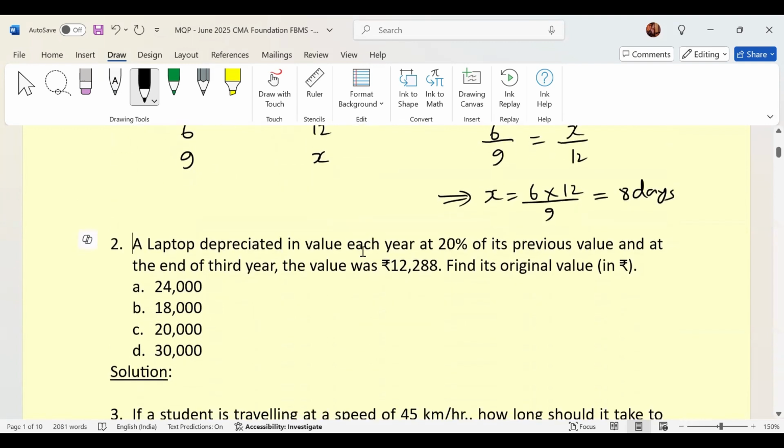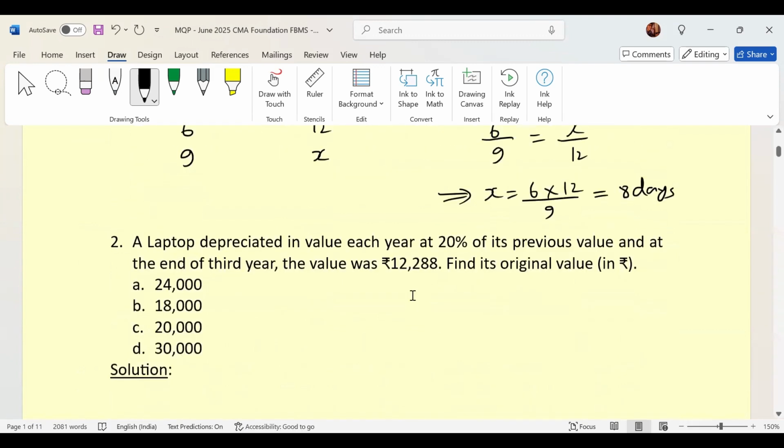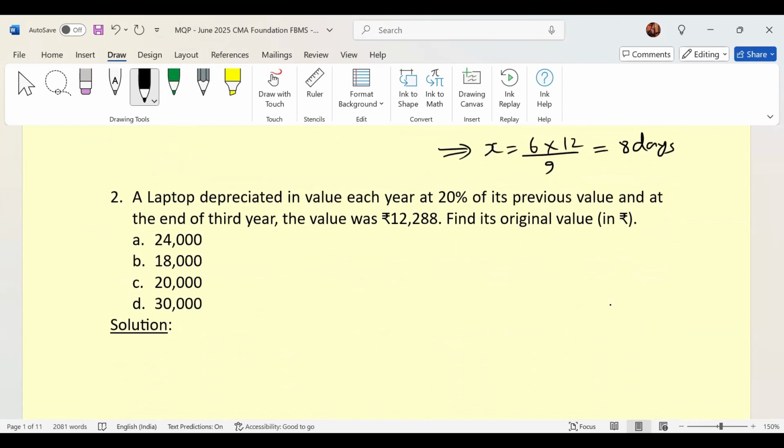A laptop depreciated in value each year at 20% of its previous value, and at the end of the third year, the value was 12,288. Find its original value in rupees. The depreciated value, or the terminal value, is initial value times (1 minus i) to the power of n.